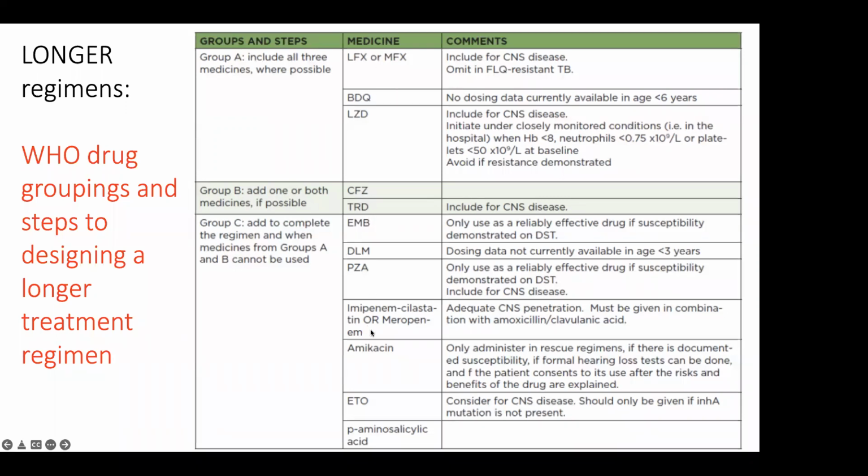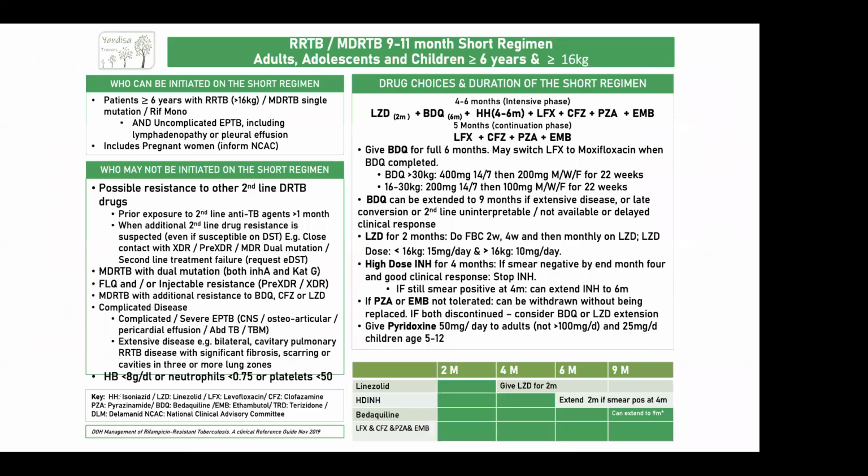Then from the rest, you'll need just 2 drugs to add, and that is the principle. With group C, you add the ones based on the DST and the side effect profile that your patient has. But group A and B, you try to add all of them. Group A drugs are very essential. Actually, if you have to interrupt group A drugs, you're going to need to treat your patient longer than you should have. So I won't go through this.